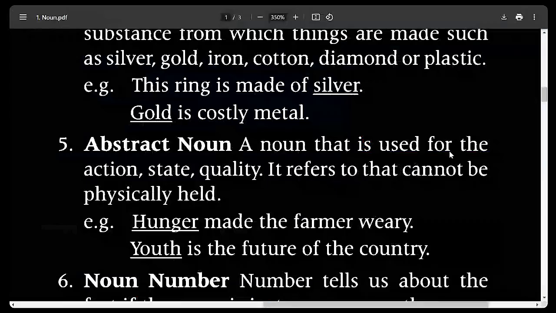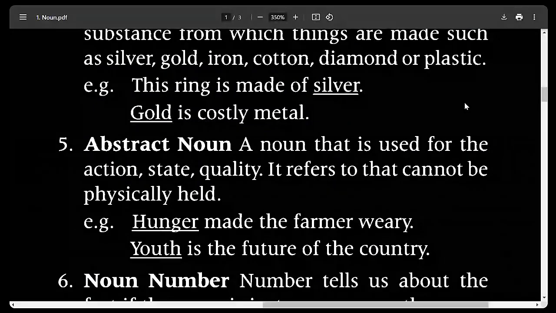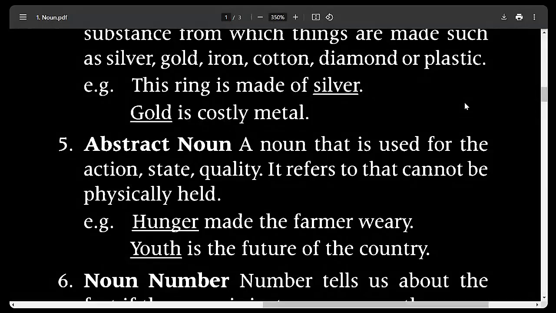Rishikesh, what's your doubt? Sir, I didn't understand abstract noun, sir.